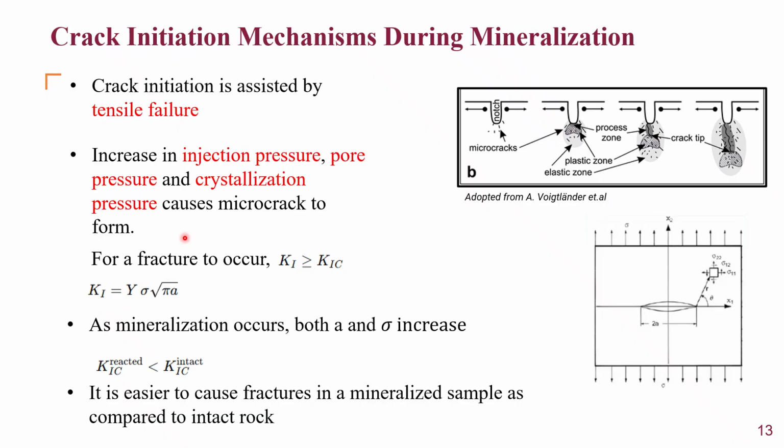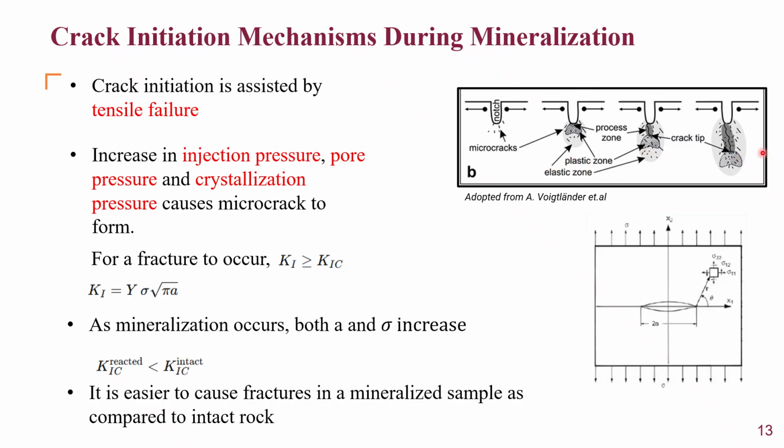So you can see that fracture initiation increases with increasing tensile stress and increasing microcrack length. As your microcrack lengths and your tensile stresses are increasing, you are more susceptible to form cracks, and these cracks coalesce to form fractures.